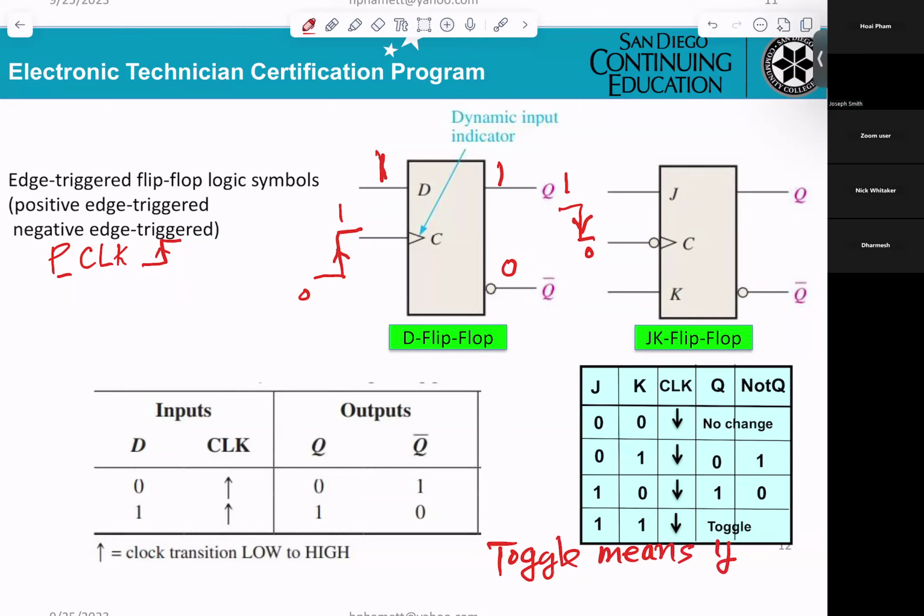If it was 0, now 1. Or if it was 1, now 0.